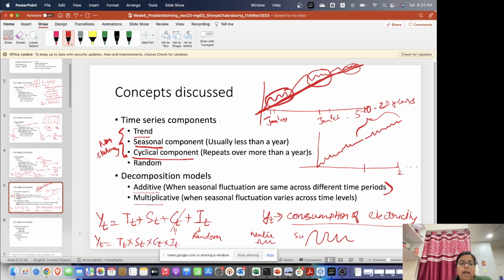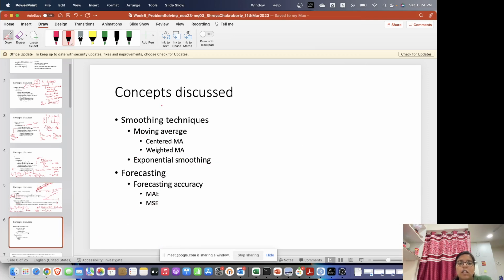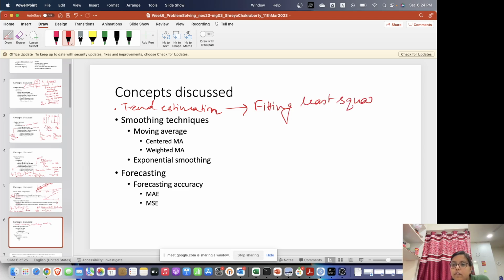Okay. Then we learnt about concepts related to trend estimation. For trend estimation, we learned about fitting least squares, then calculating moving average, which would give an estimate of the underlying trend.